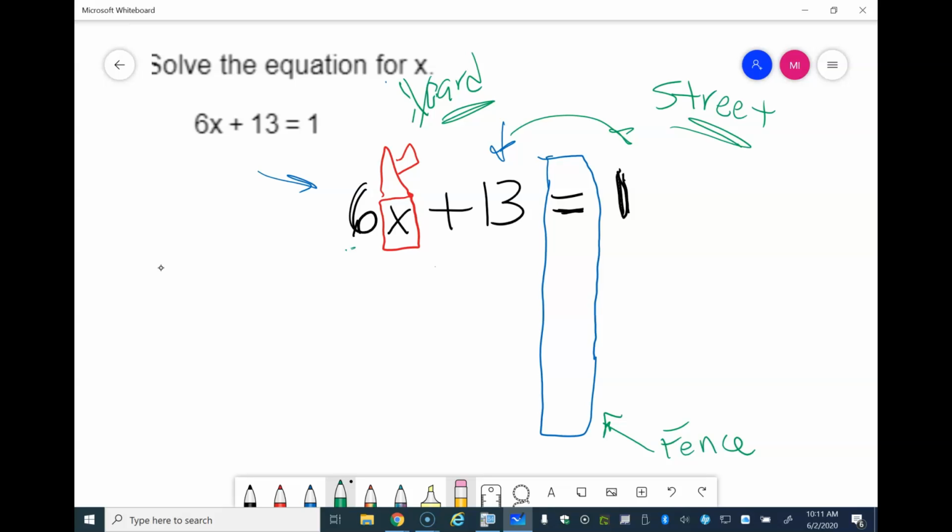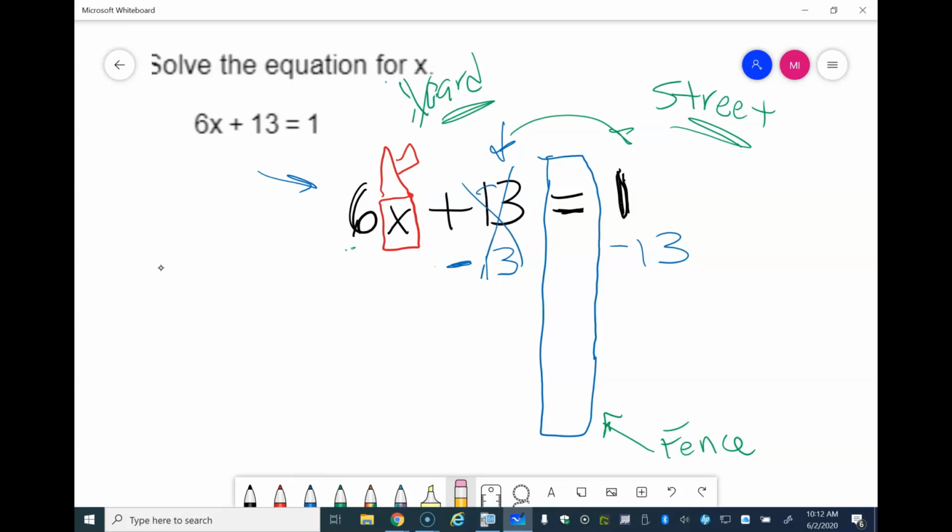Again, we're trying to get our house by itself, so we're going to do that by doing the opposite. What is the opposite of plus? That's going to be a minus. And we're doing it on both sides. So 13 minus 13, those just cancel out.